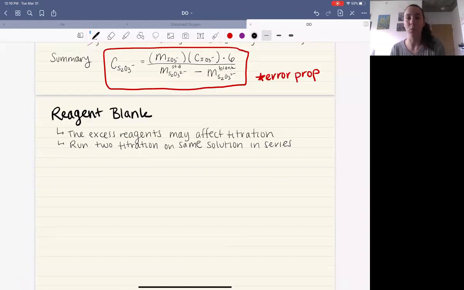So you'll add 1 gram of your standard potassium iodate solution, do it to the first endpoint, and then you'll add another gram to the same solution and titrate it again to a second endpoint. And that way you can subtract those 2 masses that it took between the 2 endpoints. Difference.